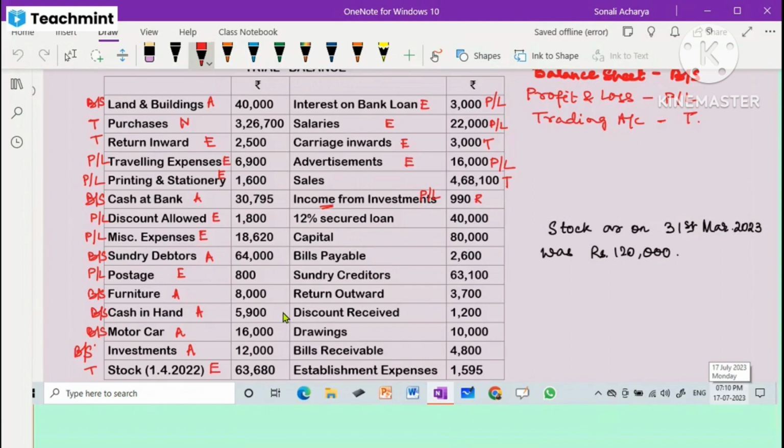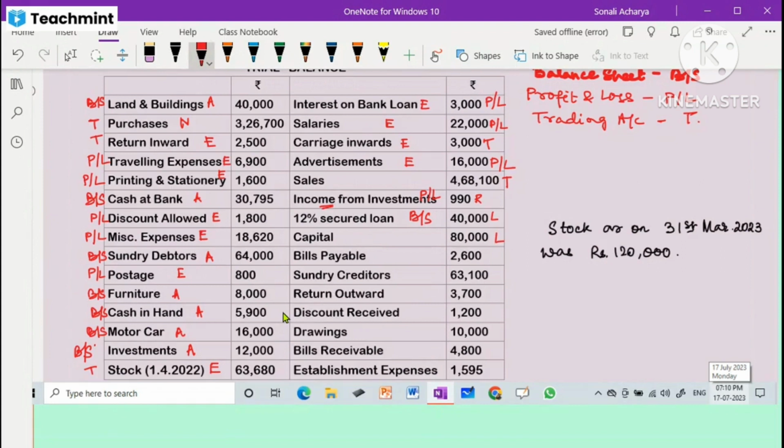Again, secured loan. Loan is also a liability. This is a part of the balance sheet. Capital is also a liability because the business has to repay the proprietor of the firm or business.